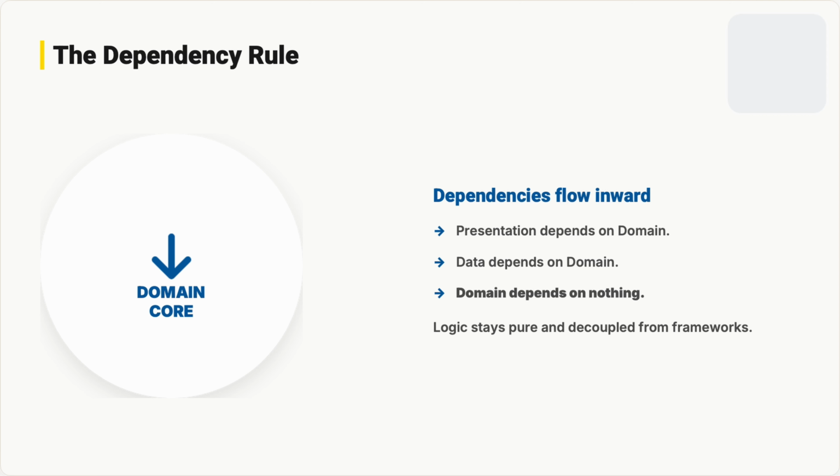The most important rule in clean architecture is the dependency rule. Presentation depends on domain, data depends on domain, and domain depends on nothing. This means your core business logic never depends on a UI or data sources. The logic remains stable even if you change APIs, databases, or state management approaches.